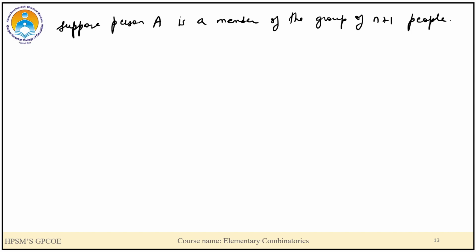Suppose the committee contains person A, then I will have a certain number of ways of forming such committees where person A is always a part of my committee. And the second case would be forming a committee where person A is not a member of the committee. Okay, so let me break it down into two cases. Case 1: person A is a part of the committee.